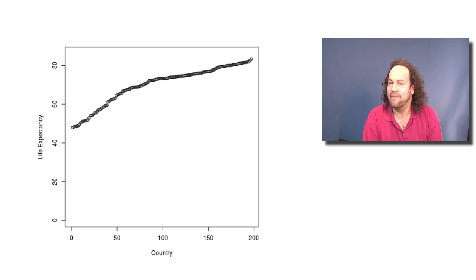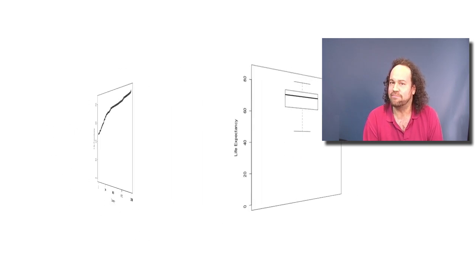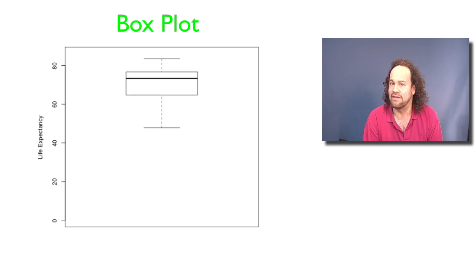This is a lot of information, but it's also a lot to keep track of. If we want, we can combine all of these numbers together into a single display which is called a box plot. The box plot is illustrated here. We can see that it has a big box between the first quartile and the third quartile with a line which indicates the median.